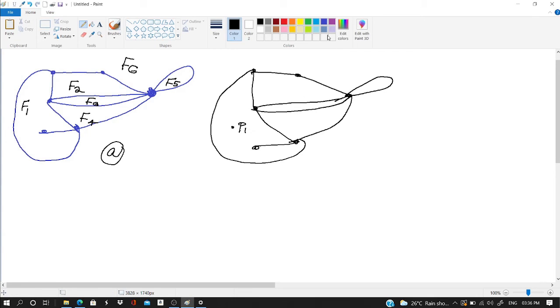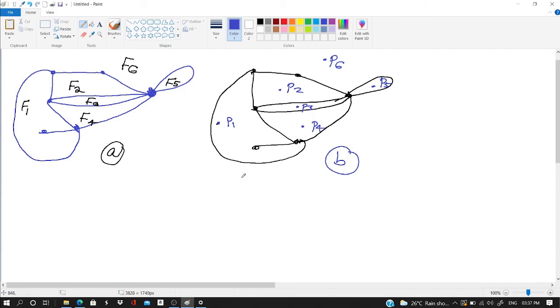This is P1. Now in here P2. Then here P3. Here P4. Here P5. And here P6. Six points are marked. And this is our figure B.